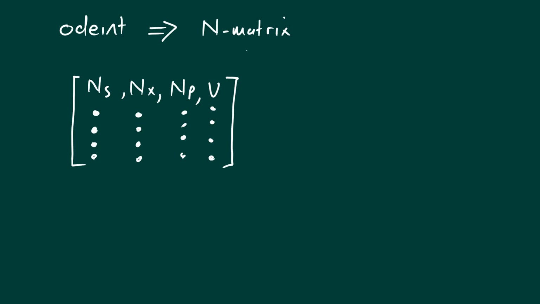So when you are successful in integrating molar amounts, you've got to always understand what odeint returns. odeint will return what we can call an N matrix, because it will be at different corresponding time values. You'll have the molar amounts of substrate, cells, product, but very important, there will also be a volume column that is returned.